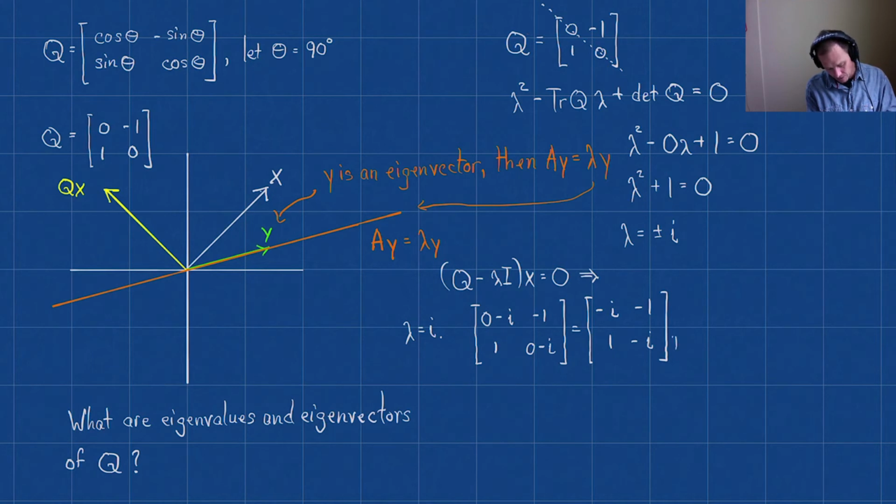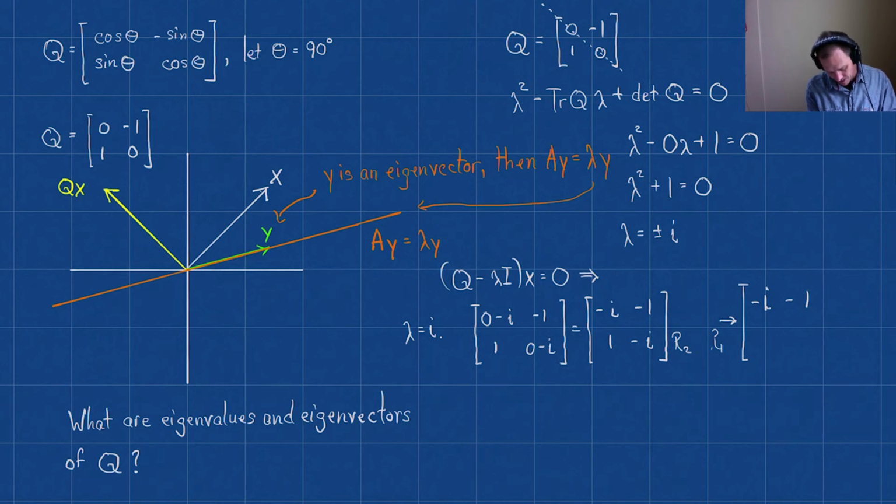Let's take row 2 and add i times row 1. This is going to give me a minus i, minus 1. I think I wanted a minus i in there, because i times i, yeah, that should be a minus i.